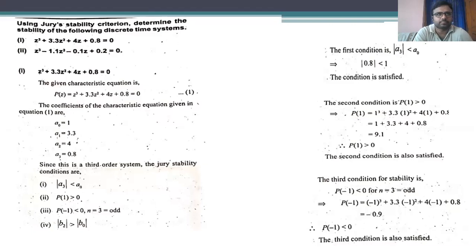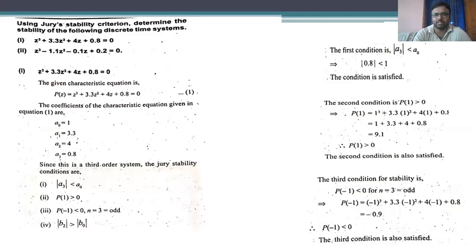Here, as I have said, the major modification is that up to now we have taken this 0.8 as a naught, but here the coefficient values of the characteristic equation are changed.